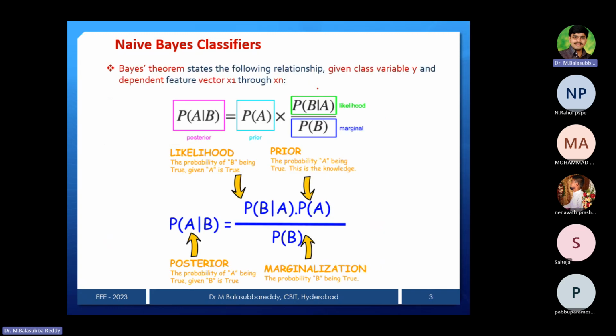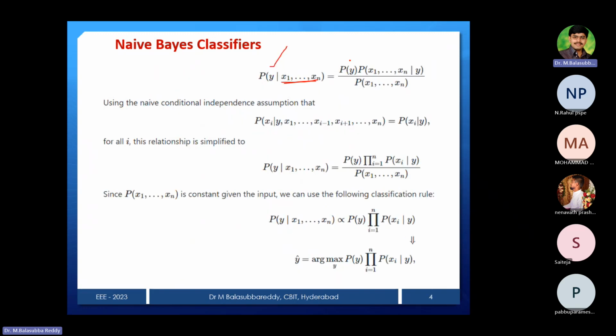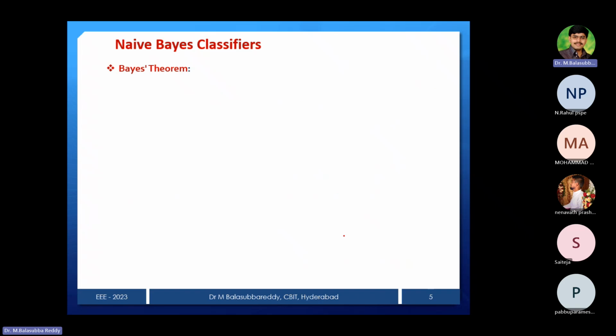Similarly, in the same fashion, whatever the formula is, you can see the probability of y with these variables, with y true, and then the probability of x1 to x3. You simplify all these things and make them these mathematical relations.